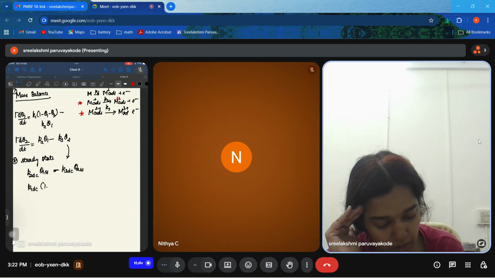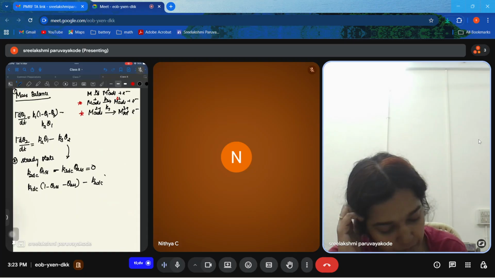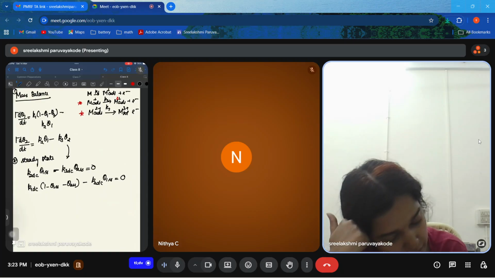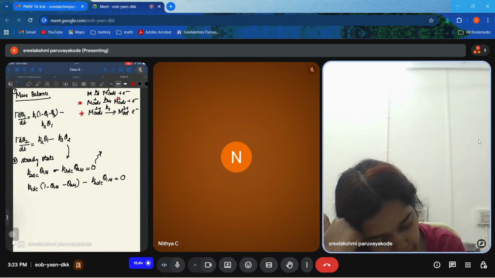K1 dc (1 minus theta 1 SS minus theta 2 SS) minus K2 dc theta 1 SS equals 0. Now, from this expression, I can say K2 dc theta 1 SS equals K3 dc theta 2 SS. Right?